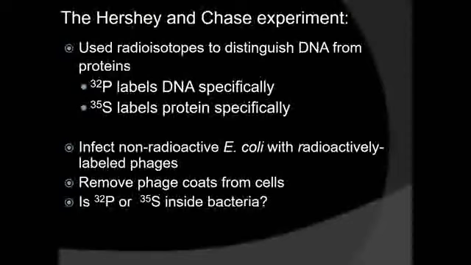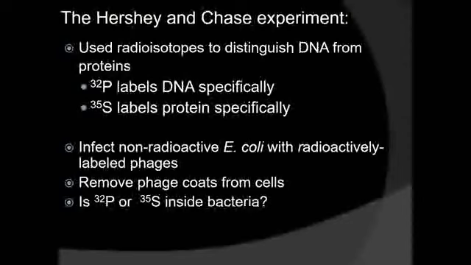And the rationale was, if the protein coat enters the cell, then we should find the radioisotopic sulfur in the plaques. And if DNA enters the cell, then radioisotopic phosphorus should be present.